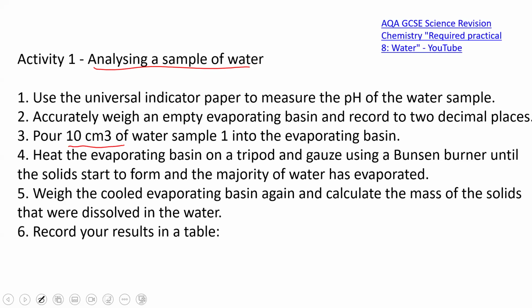First thing you do when you're analysing it is you look for the pH. And to do that, you just get a piece of universal indicator paper, and you put it into the water, and it changes its colour. So you've got to look at pH 7, pH 6, pH 8. Okay, so pH 7 is obviously neutral, pH 8 is slightly alkali, pH 6 is acidic.